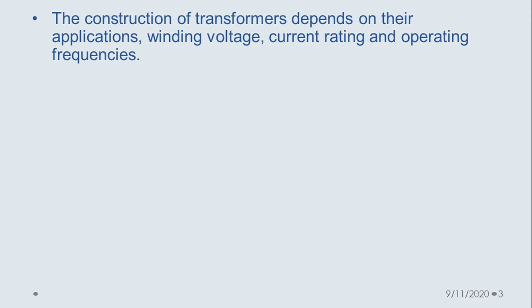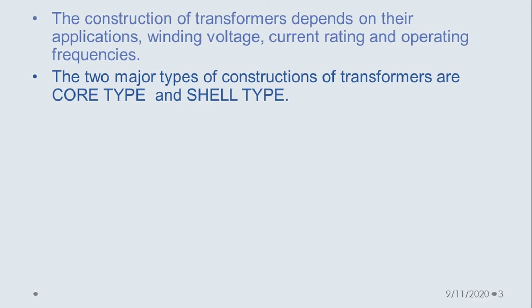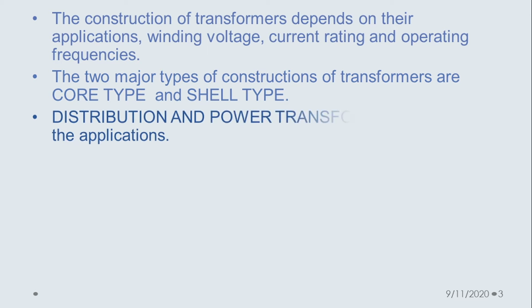It also depends on the winding voltage, current rating, kVA rating, and operating frequencies. The two major types of construction are core type and shell type. Based on the application, we can divide them into distribution transformers and power transformers.